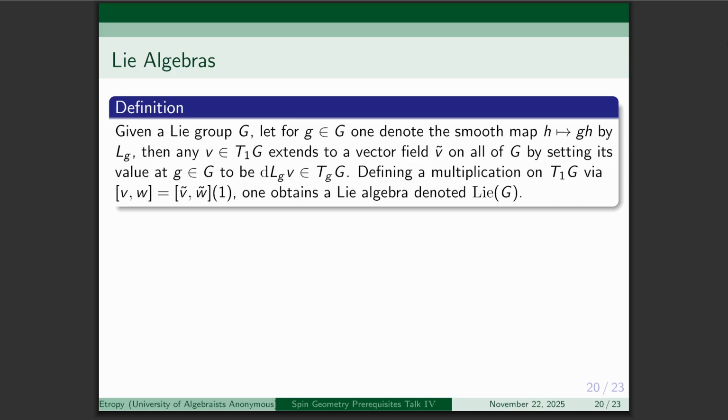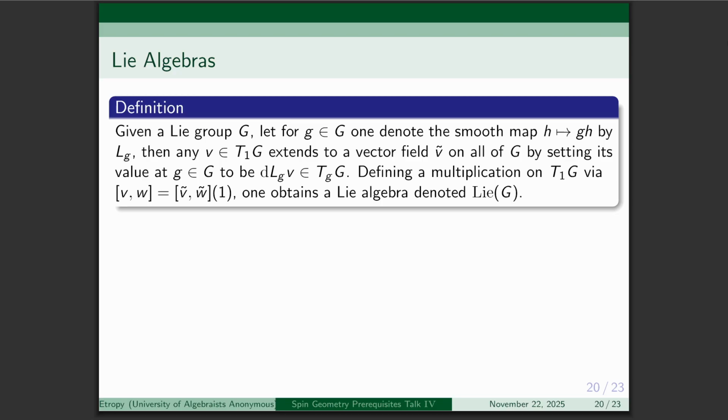Such smooth vector fields are known as G-equivariant vector fields, and it doesn't matter if you work with left shifting or right shifting. So this way, for any tangent vector at the identity of your group, you get a vector field on your whole Lie group.